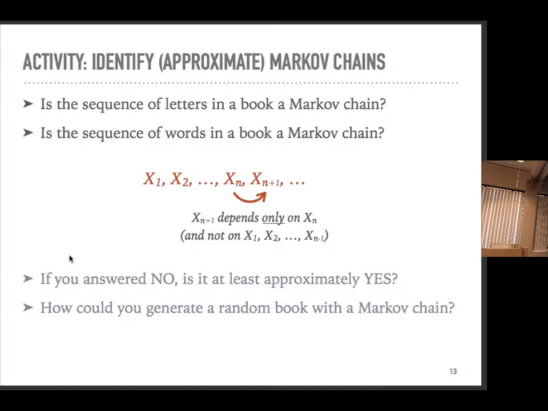If you have a long 10-letter word, at the first letter you might have a random chance, but once you choose 3 letters, that eliminates a large swath of possible words. So it's definitely no for the sequence of letters. In the sequence of words, it's a Markov chain because there's narrative structure.